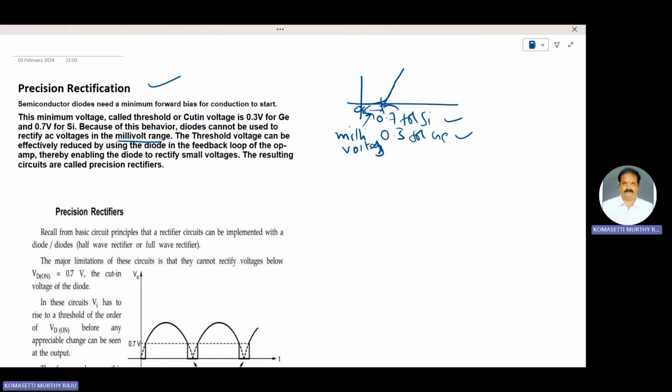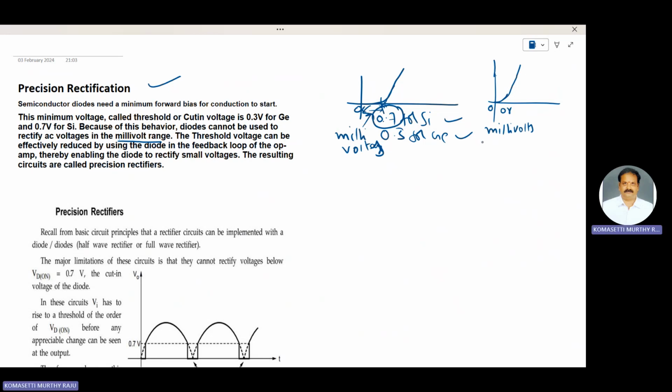See, instead of 0.7 volts, the diode is conducting from 0 volts, from 0 volts like that. The threshold voltage can be effectively reduced from 0.7 to some millivolts range.